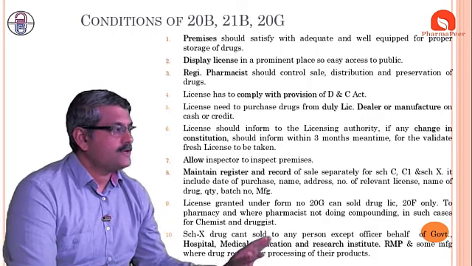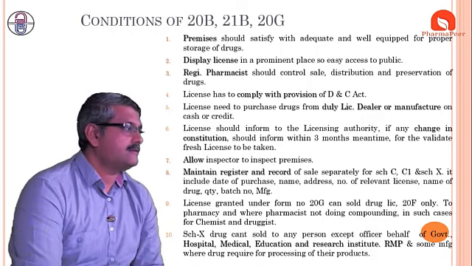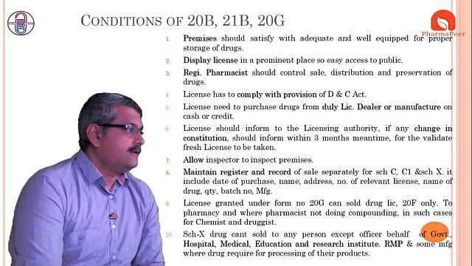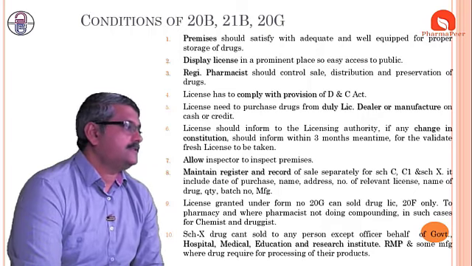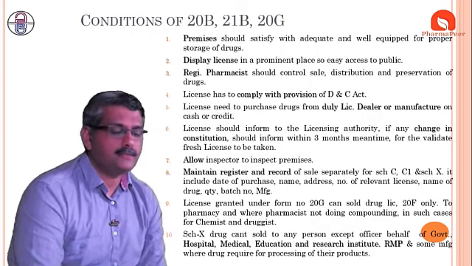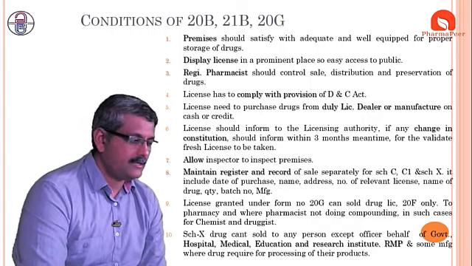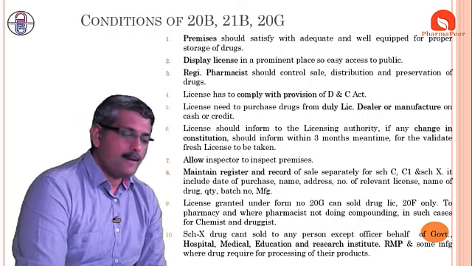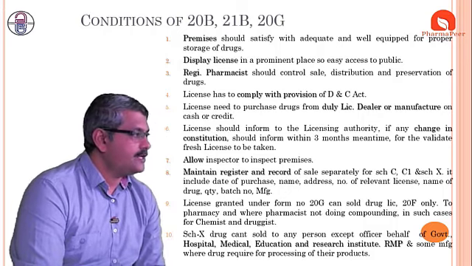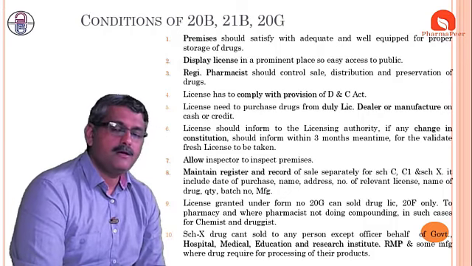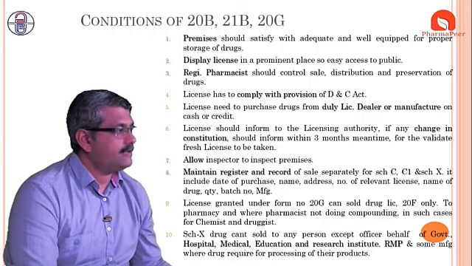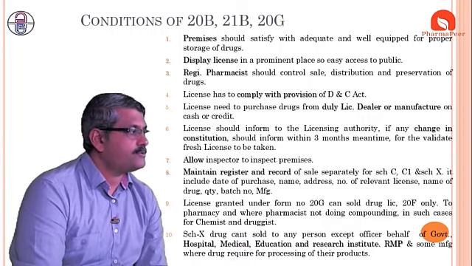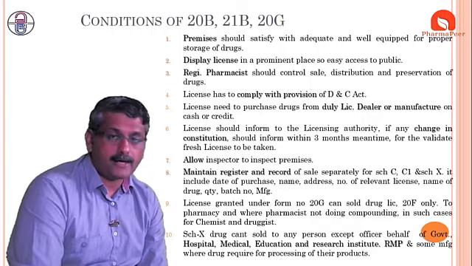And the last one is for the sale of schedule X drugs. We can't sell to any person except the officer on behalf of the government, hospital, medical, education and research institute, registered medical practitioner, and any manufacturer where drugs are required for processing of their products.